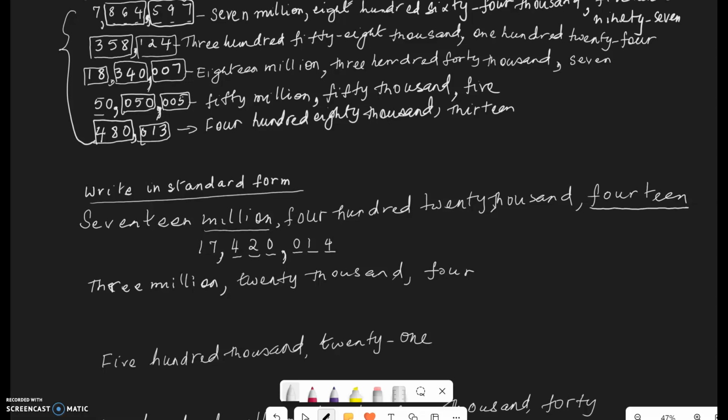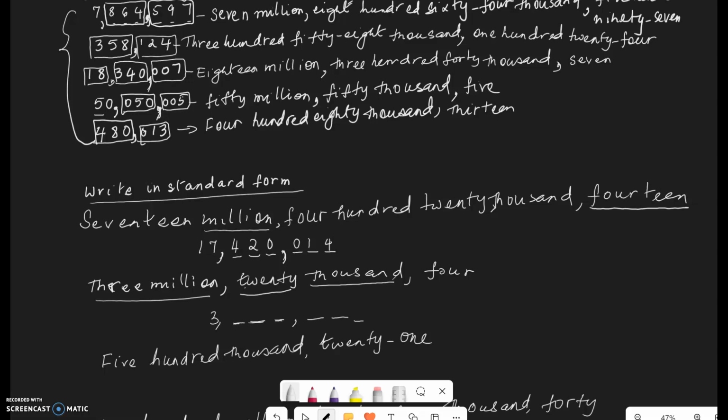3 million, the next. So you know it's in millions. So I'm going to write 3 followed by 6 blanks. And make sure you put the commas. 6 blanks. How many thousands? 20. So the 3 blanks in the middle have to read 20.